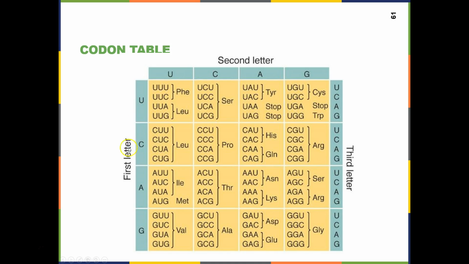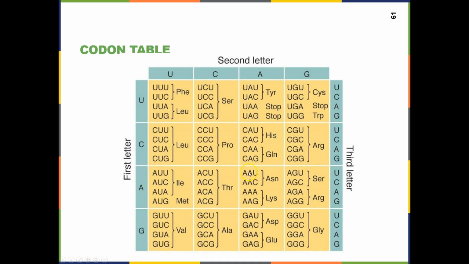So say you're looking for methionine, and you know the codon is AUG. First thing you do is look for that A, so A is here, so you know it's going to be somewhere in this row. We then go to the second letter, U, so we go down here. So we know now methionine is going to be found in this section.